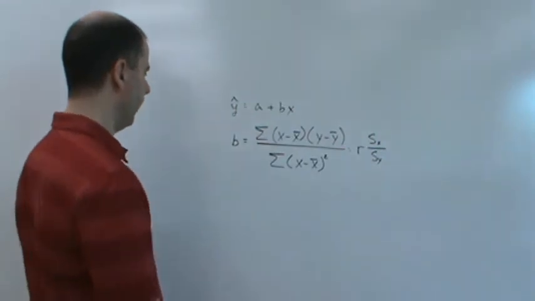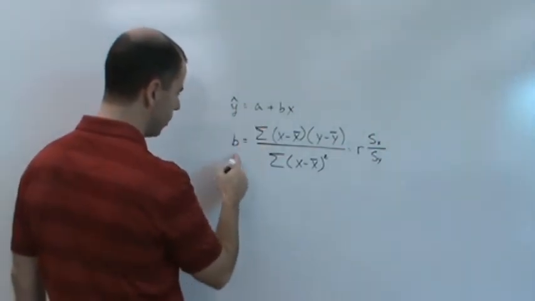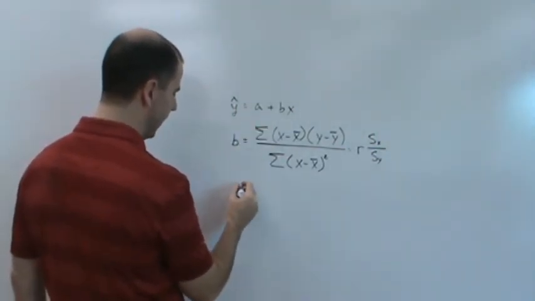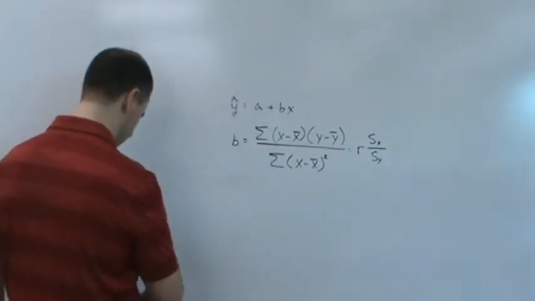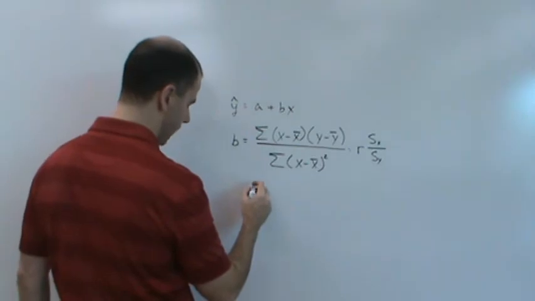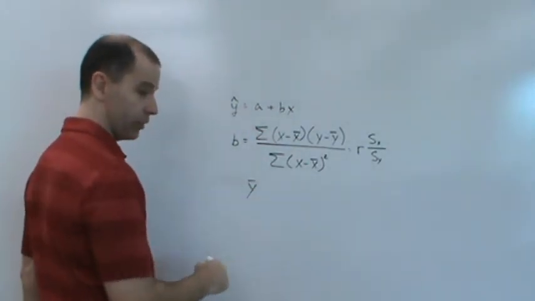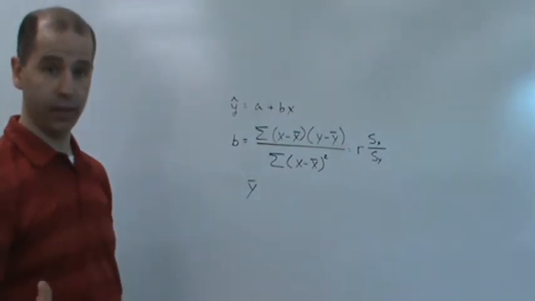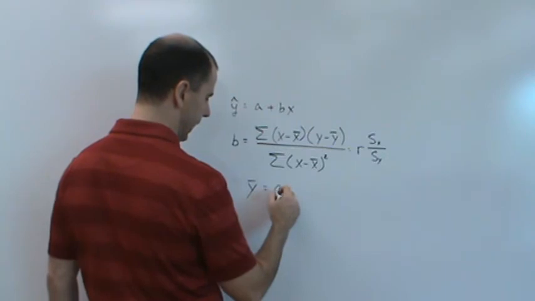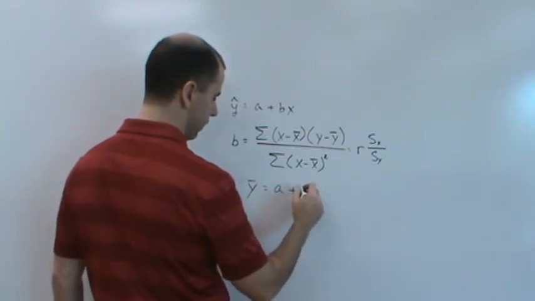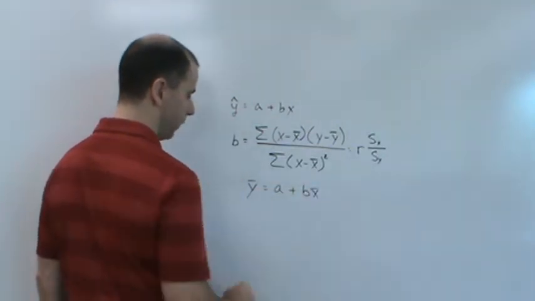Now once you have b, then you can get a, and a is also based on a very simple formula. If you just think of y bar, take the average line. This is the formula for the average line through the data. So y bar equals a plus b times x bar.